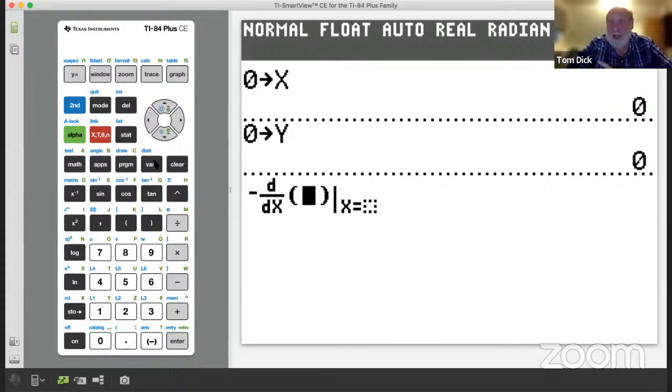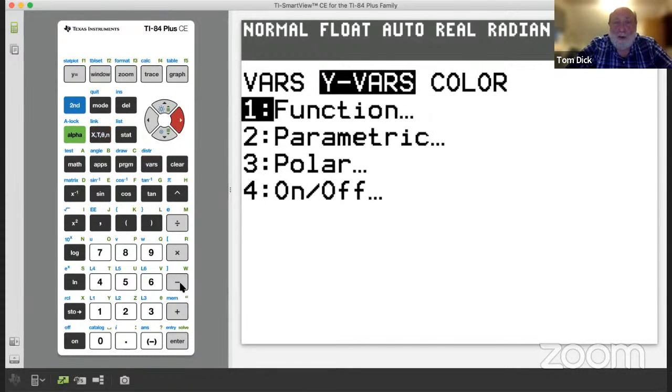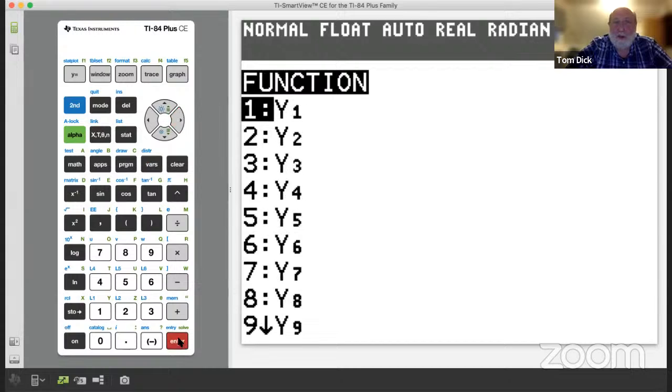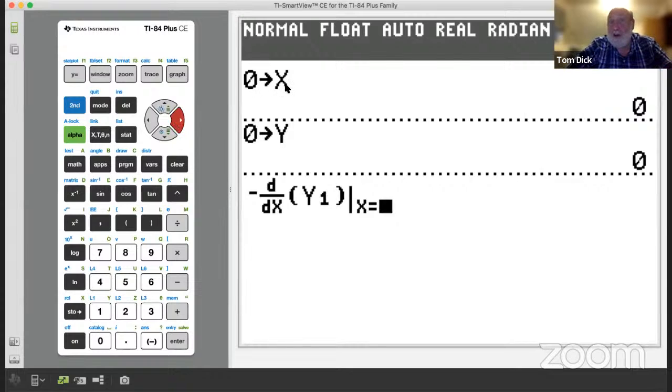It has both x's and y's in it. So let me pull out Y1. And at what x value? Well, we've stored the x value in x, so I'm actually going to put an x here because x is 0. All right. And now I'm going to hit the right arrow key to get out of that.